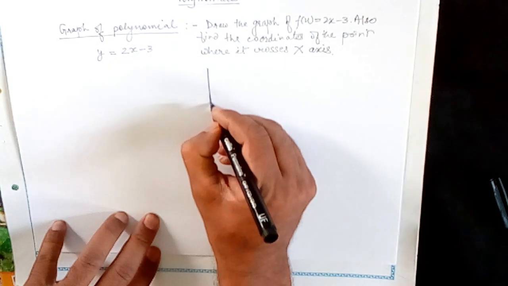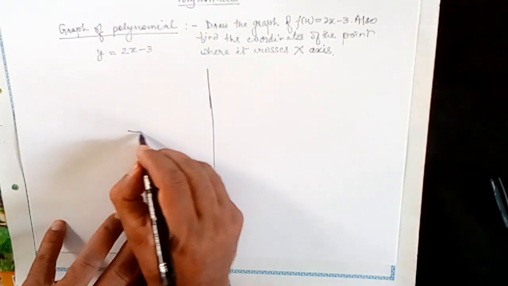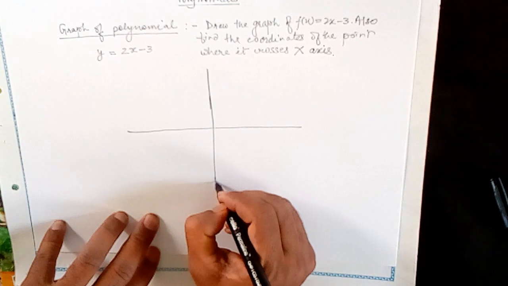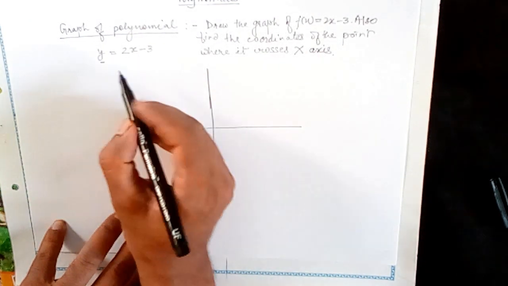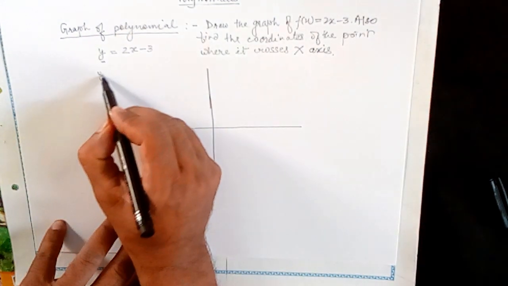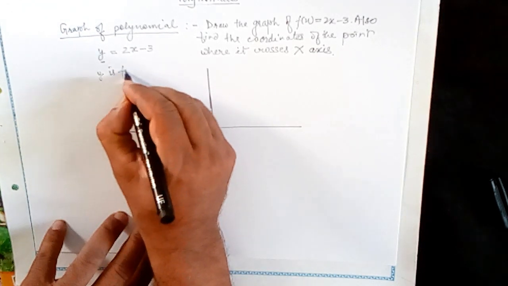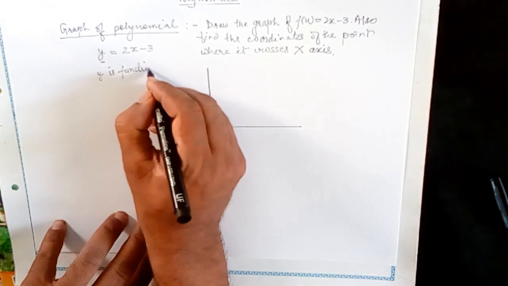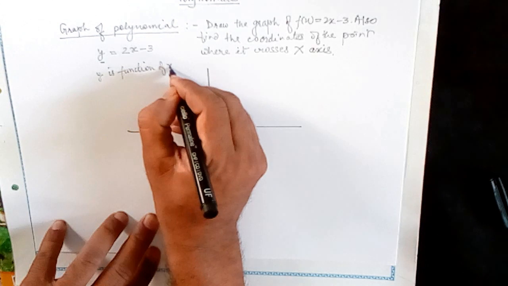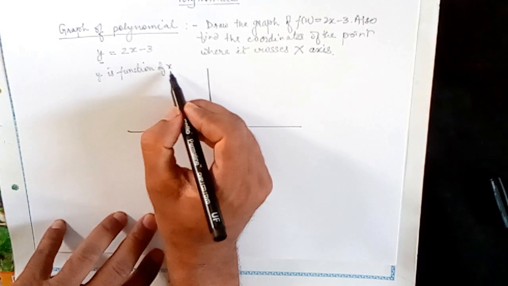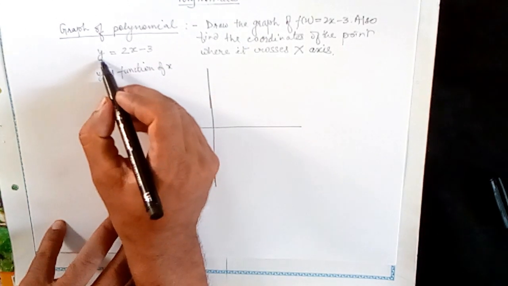Now if we are assuming y = 2x − 3, it is clear here y is a function of x. It means the value of x changes the value of y.